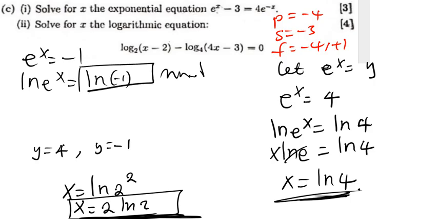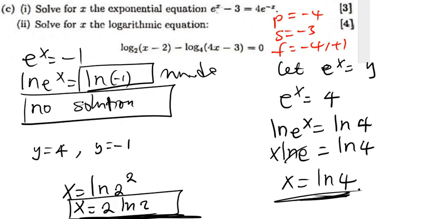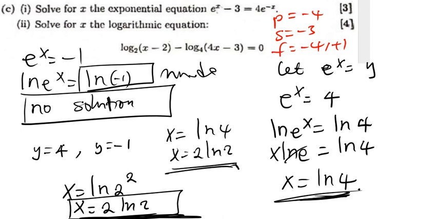So here it has failed, and it has no solution. So the only answer here is that x should be equal to ln 4, or you can say x is equal to 2 ln 2. You end there. So that's how you can solve that one.